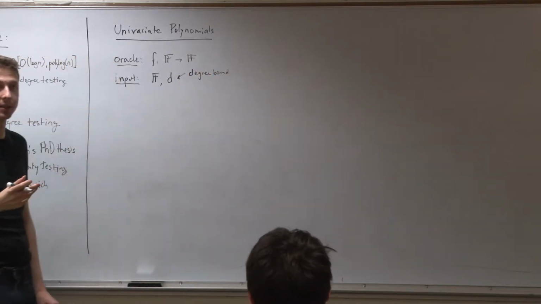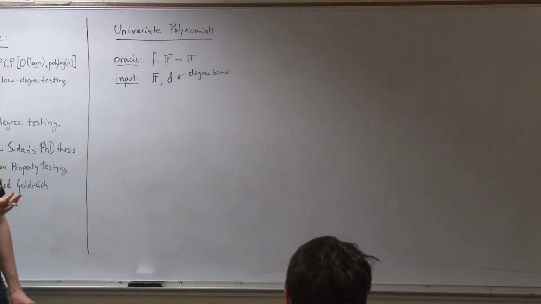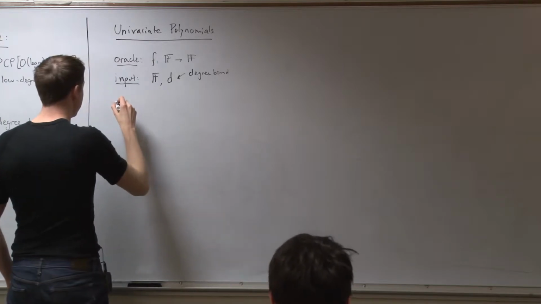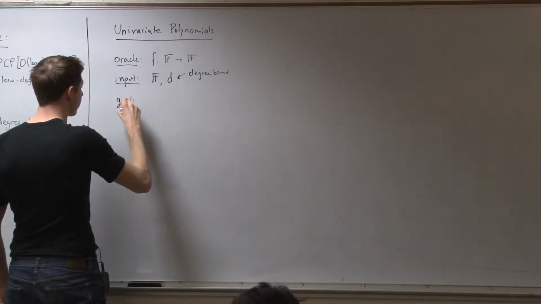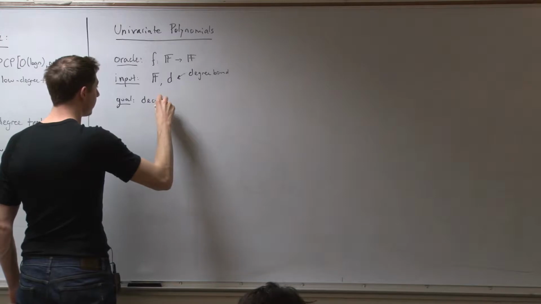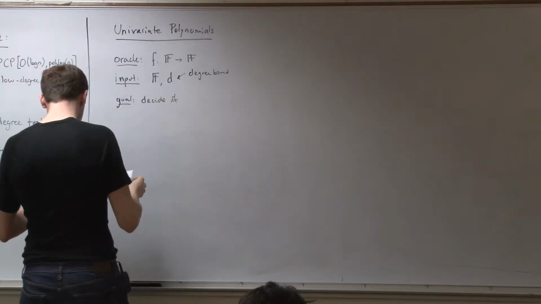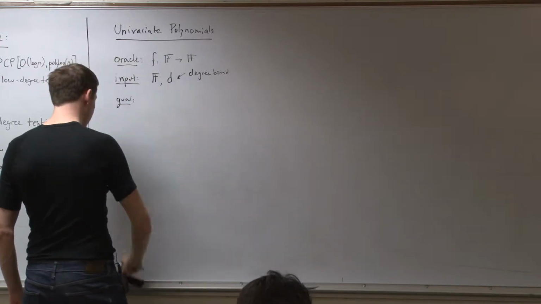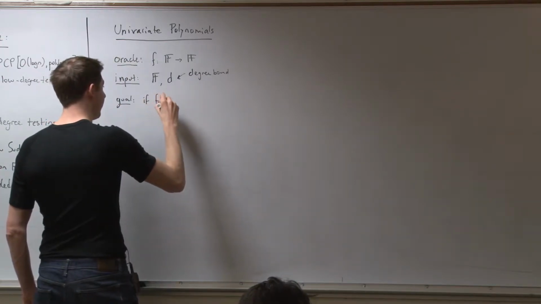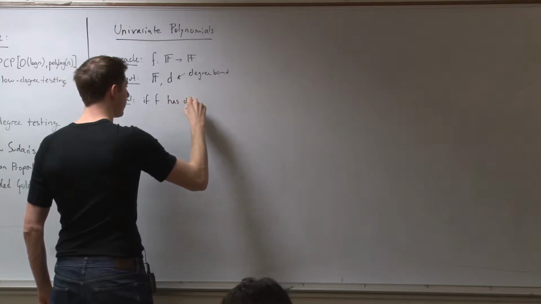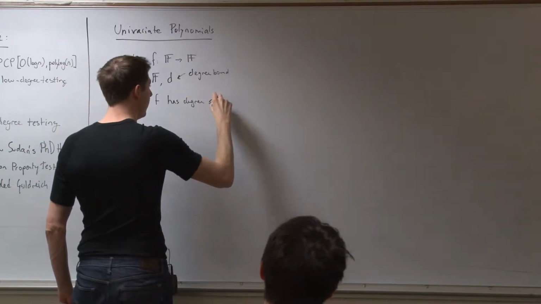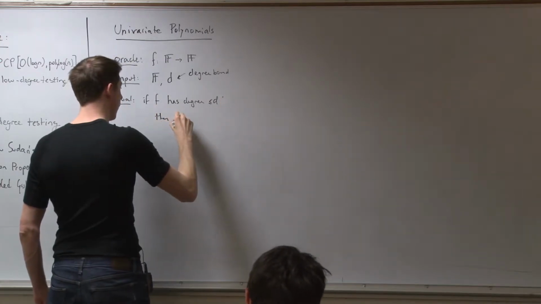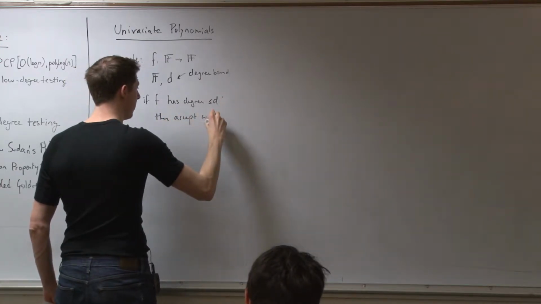Notice that in linearity testing, there is no degree bound; you just know what the degree is. So here we have some degree d. And our goal is to decide, or rather, we have these two conditions: if f has degree at most d, then we want to accept with probability 1.